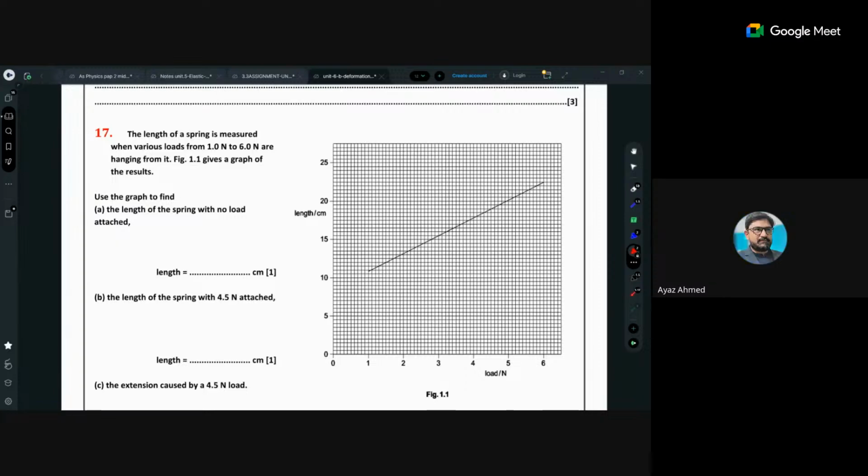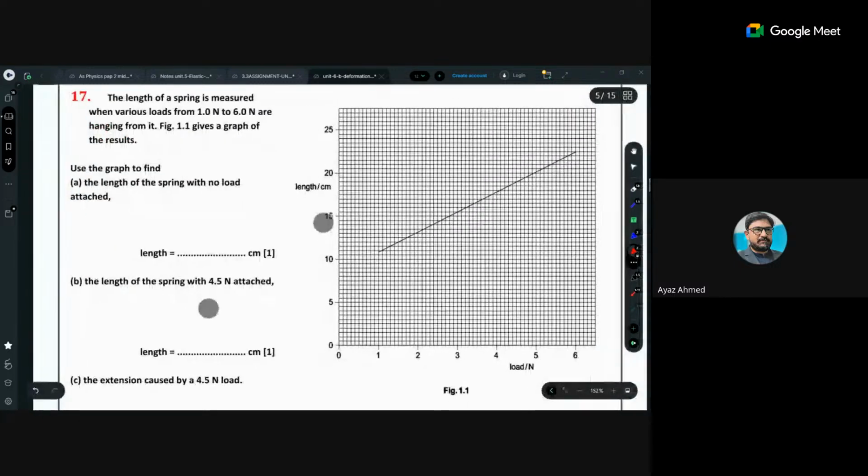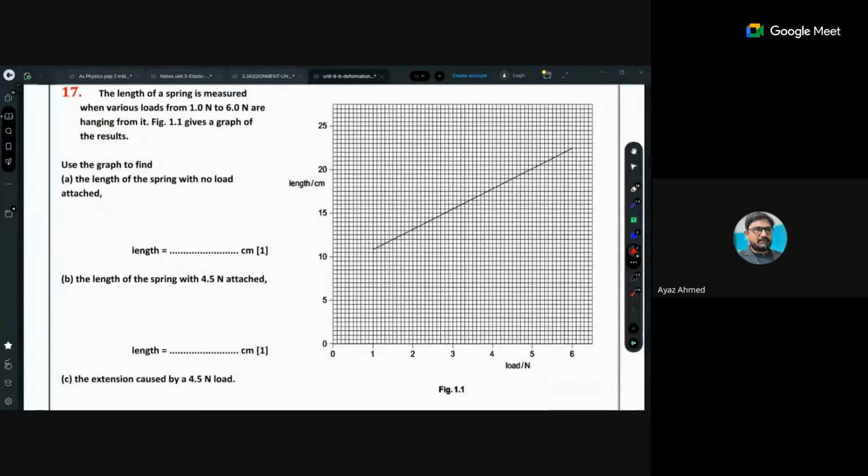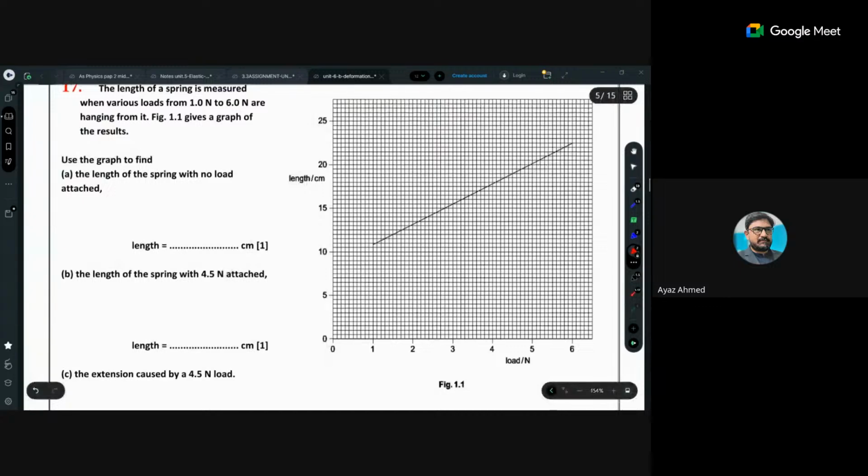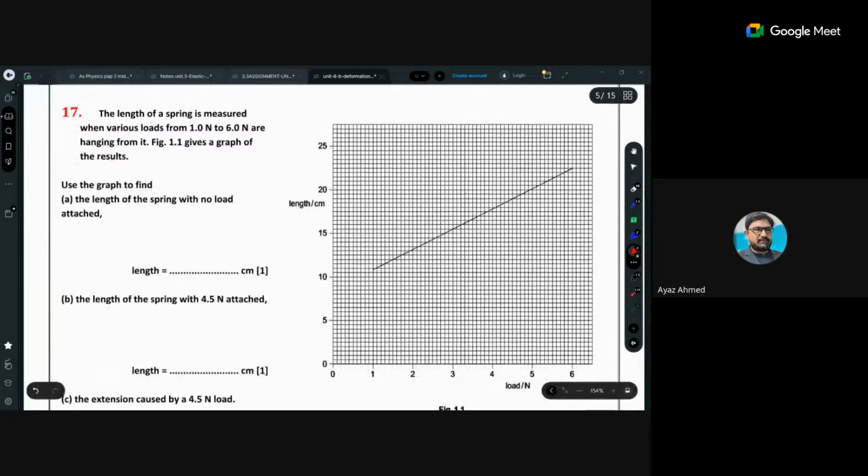This question is specially dedicated to you, man. Okay, are you there? Yes, I'm here. The length of the spring is measured when various loads from 1 Newton to 6 Newton are hanging from it.